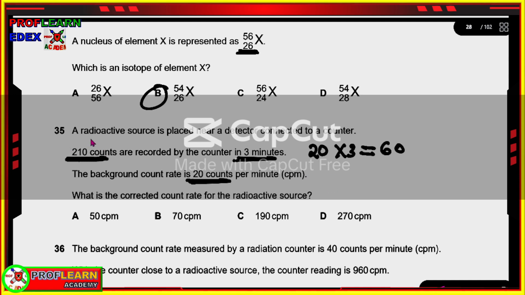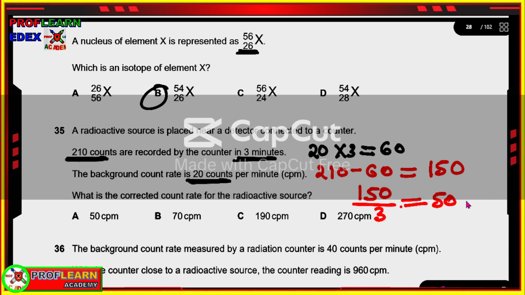Then we need to correct this count, so it will be 210 minus 60, and that is going to translate to 150. So the count rate will be 150 divided by the duration of time, which here is 3, and that's going to be 50 CPM, which is going to be A in that case.